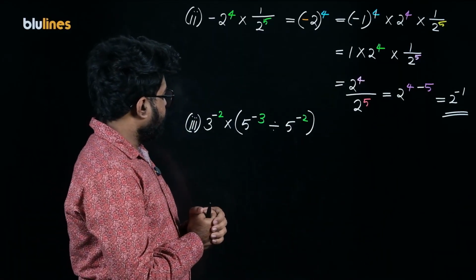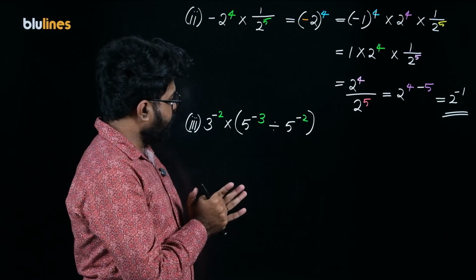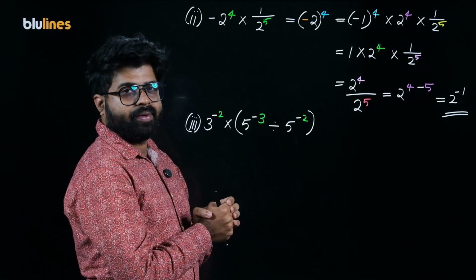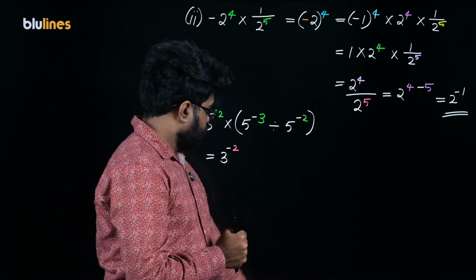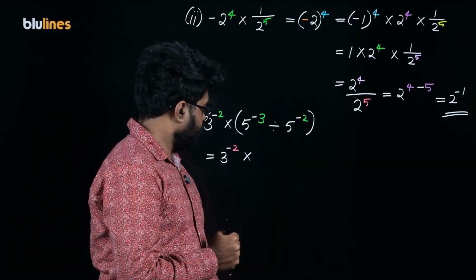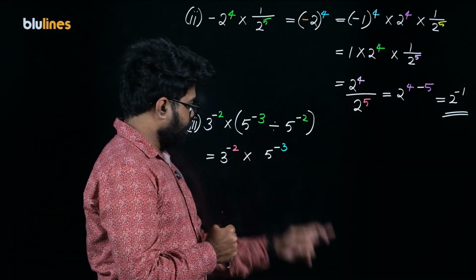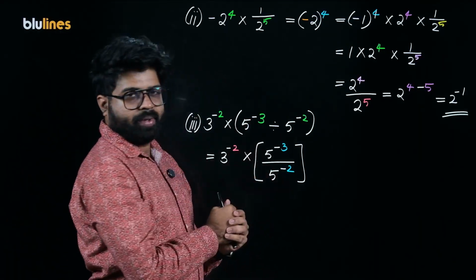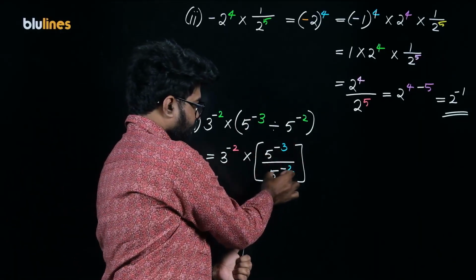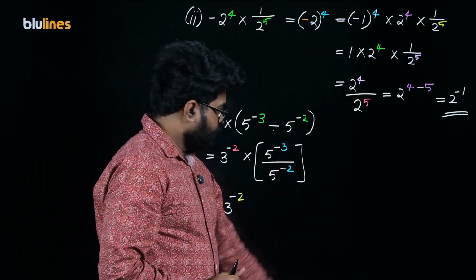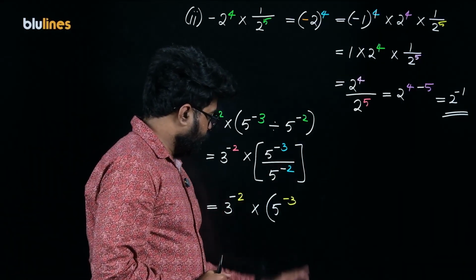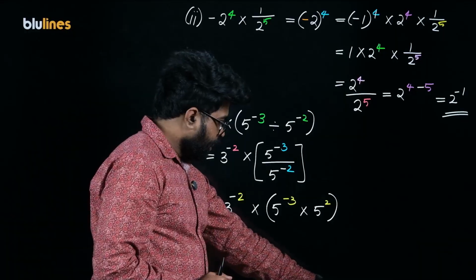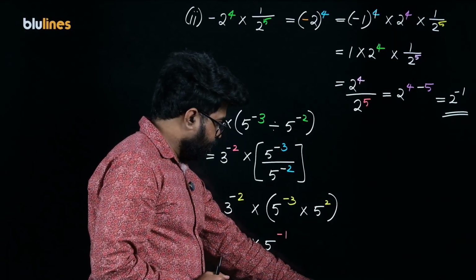Now 3 raised to minus 2 multiplied with 5 raised to negative 3 divided by 5 raised to minus 2. So 3 raised to minus 2 into 5 raised to minus 3 divided by 5 raised to minus 2. So a raised to m divided by a raised to n, which is equal to 3 raised to minus 2 into a raised to m plus n.